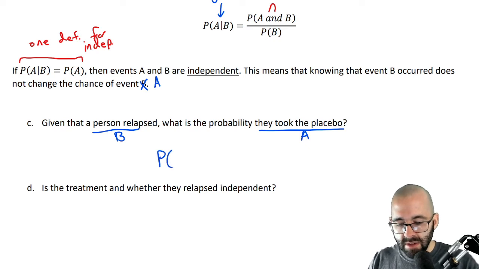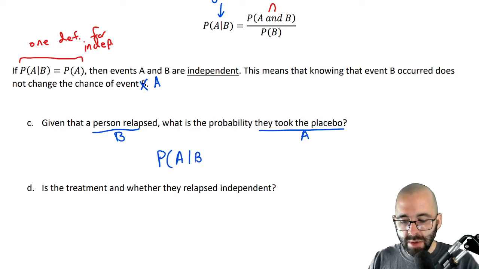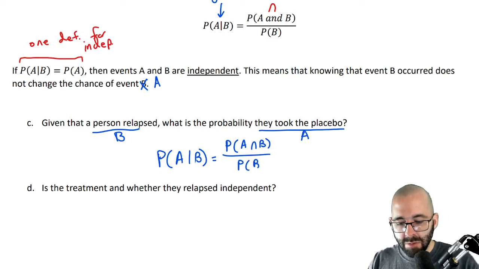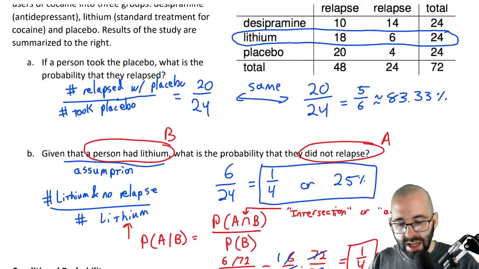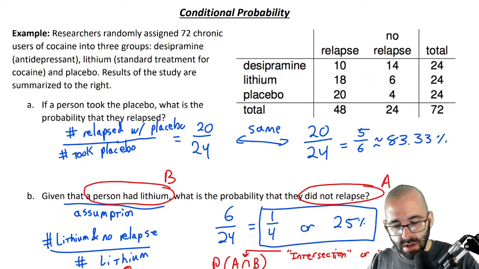The probability that they took the placebo, given that they relapsed, is the probability of both, again, that intersection or and sign, divided by the probability of B. So what's the probability that they took the placebo and relapsed? Sorry. Took the placebo and relapsed is right here, 20 out of 72.